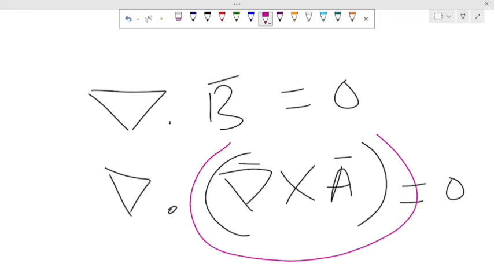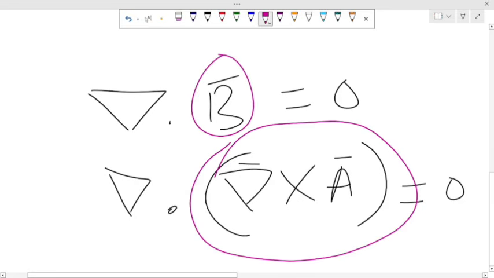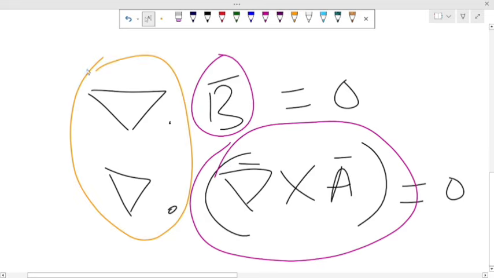If the divergence of the curl of any field equals 0, look at this. This whole thing can then be replaced by this, because this is the same as this, right? Divergence equals 0. This is the only difference.